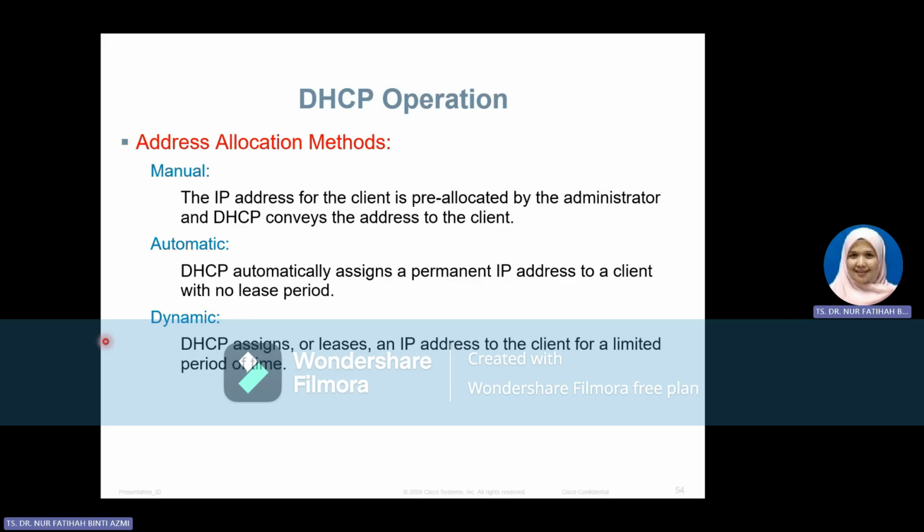But the most common method is dynamic allocation, where DHCP will assign a device an IP address for a limited time, like when you check in at a hotel, the key card to a hotel room expires after you check out. That is dynamic.